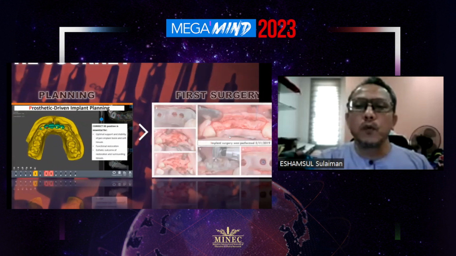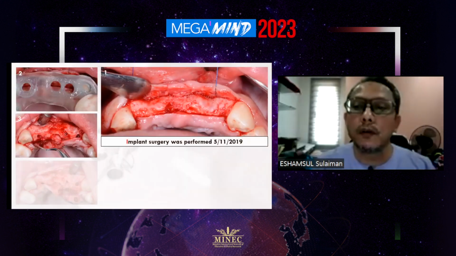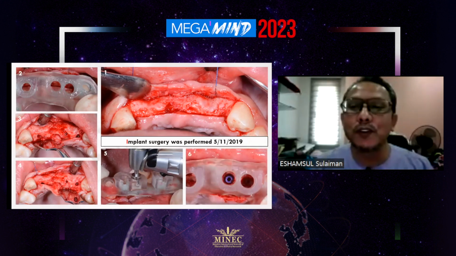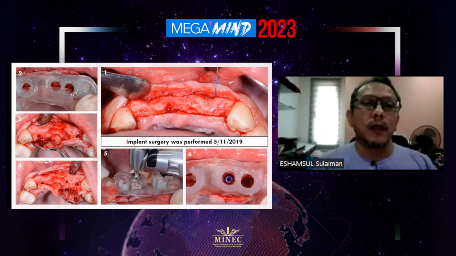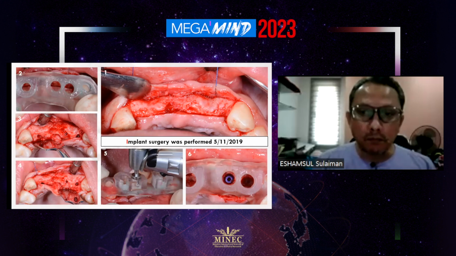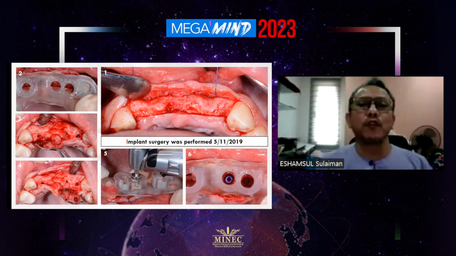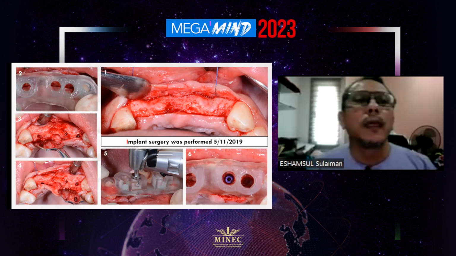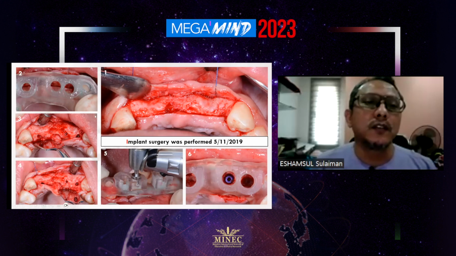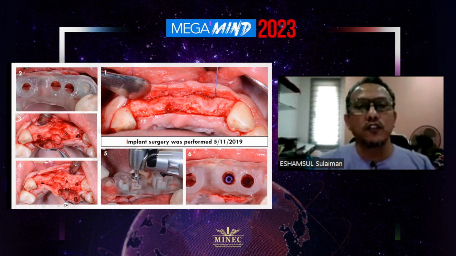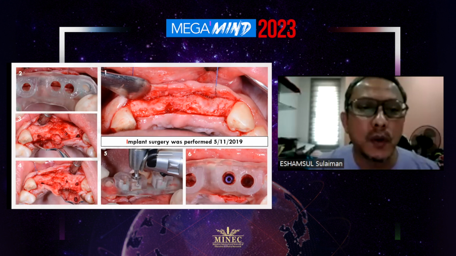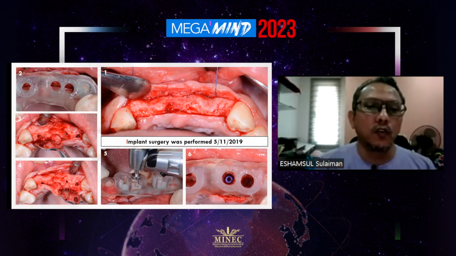The surgery was then performed on the 5th of November 2019. First, a full mucoperiosteal flap was elevated to expose the bone. Second, you can see here in the top left, the surgical guide was positioned to ensure it was fully seated through the windows, followed by the initiation of the first osteotomy.